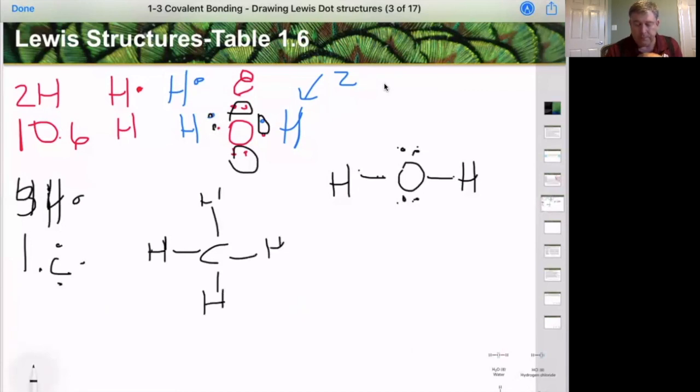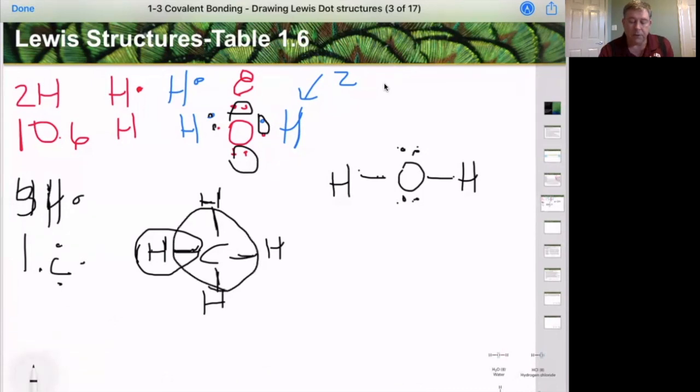Right here. Okay, let's see if everything has the right number of electrons. Since this bond is 2 electrons, you can say that this hydrogen has a total of 2 electrons. That's all it can have, so it's happy. And each of the other hydrogens also has 2 electrons. But if we look at carbon here, we have 1, 2, 3, 4, 5, 6, 7, 8.